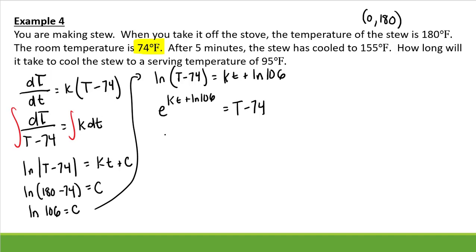I now need to use this idea that in 5 minutes, we cool to 155. So I plug in 155 for T is equal to 106 e to the k times 5 plus 74.